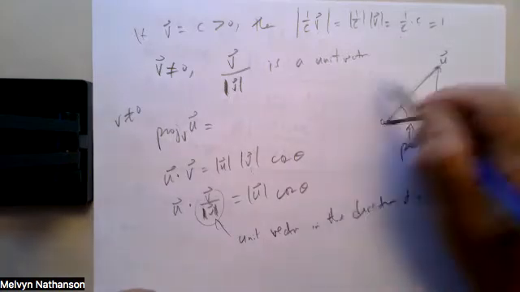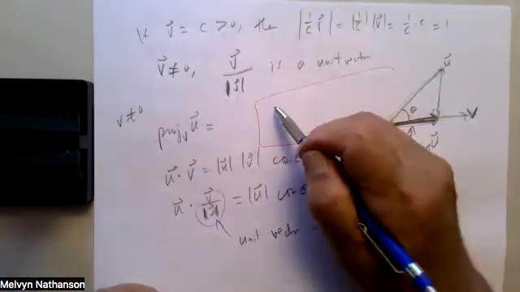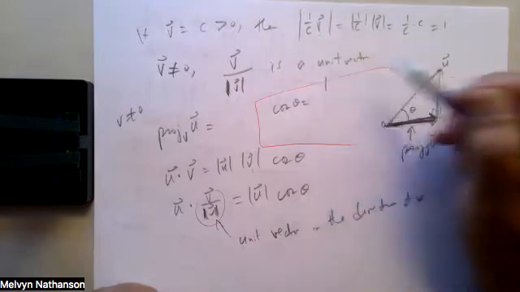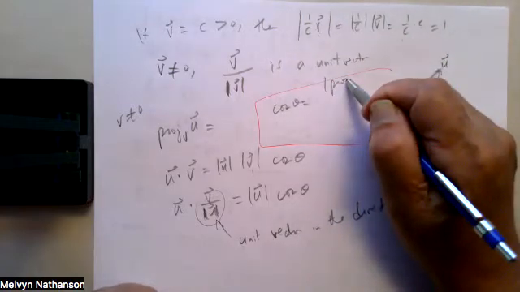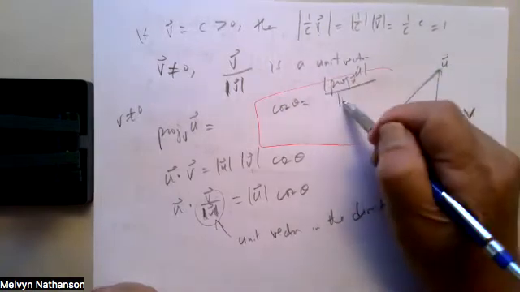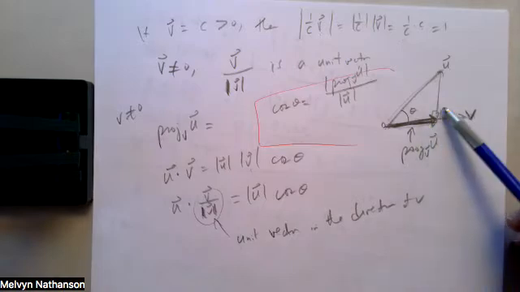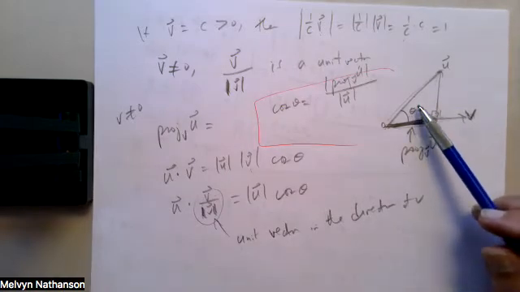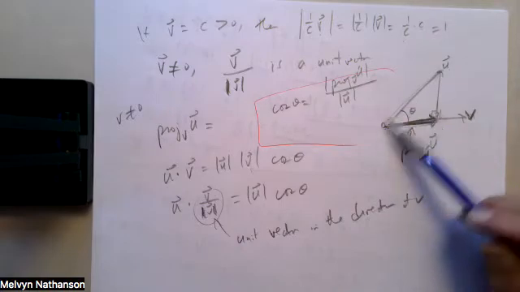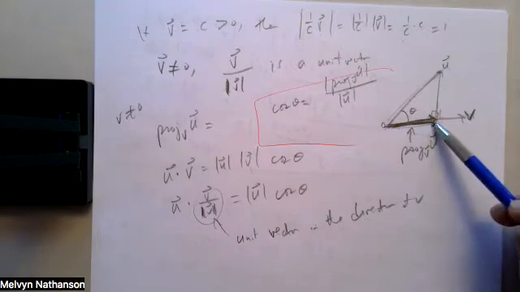So in this triangle, the cosine of theta is the length of the projection of u in the direction v divided by the length of u. That's just the definition of the cosine. You have a right triangle, the cosine of an acute angle theta is the length of the adjacent side divided by the length of the hypotenuse. This is the hypotenuse, the length of u. This adjacent side is the projection that we're interested in.